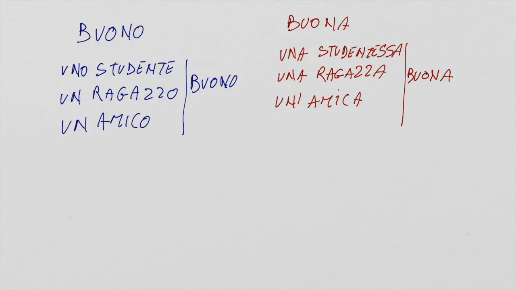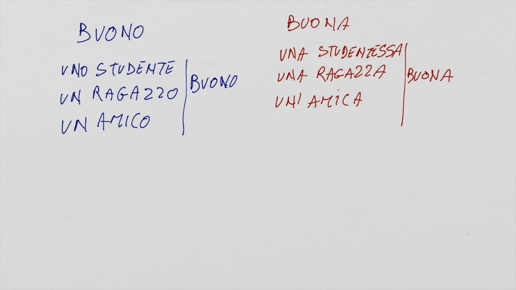Here you're going to learn how not only the meaning but the form of the adjective can change if you place the adjective in front of the noun. Let's use these examples. I want to place buono in front of studente first. So I place buono and then I use studente.